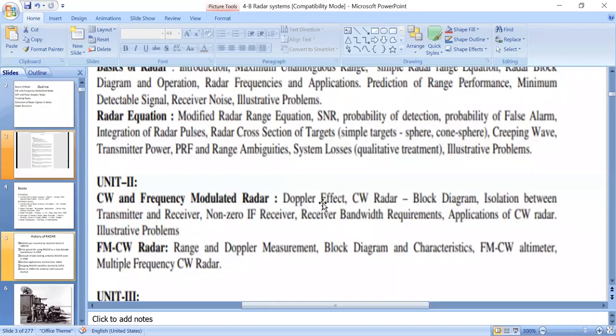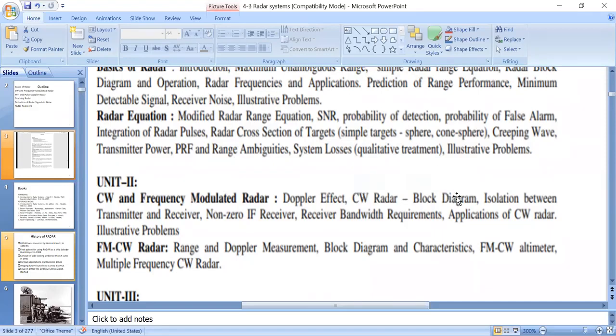You already learned about continuous wave radar, which is unmodulated and is used to measure a moving target. Here it is with zero IF. Initially we discussed it with zero IF, where no intermediate frequency is introduced, and we analyzed the drawbacks of this continuous wave radar, which is also called continuous wave Doppler radar.